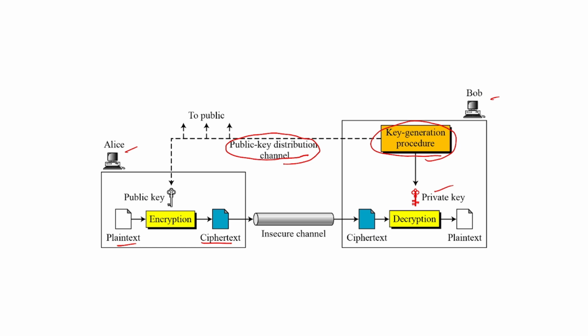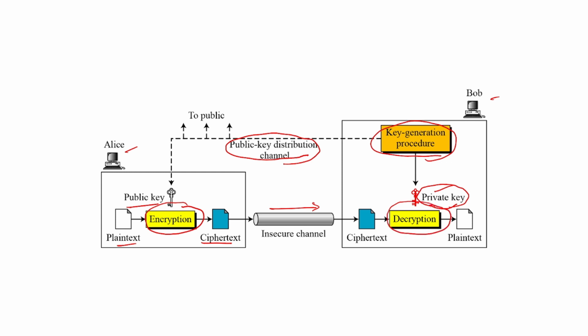In the encryption process, Alice will use Bob's public key and encrypt the message, and the ciphertext will be sent to Bob. The private key is known only to Bob. Using the private key, he will perform the decryption operation. Only using the corresponding private key of the public key can he decrypt the message.